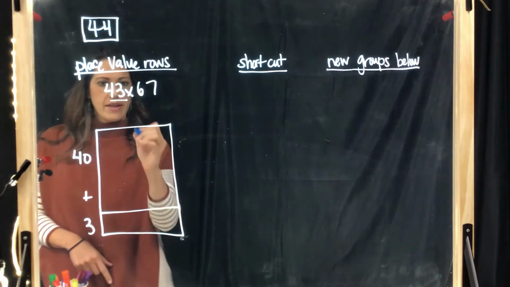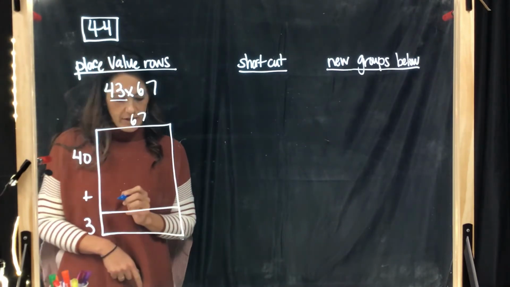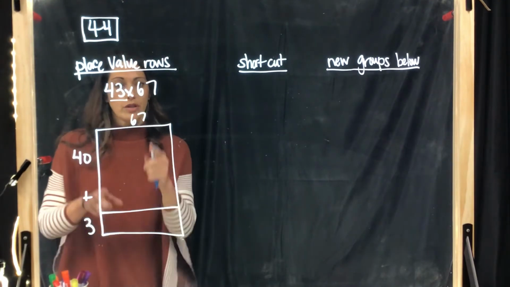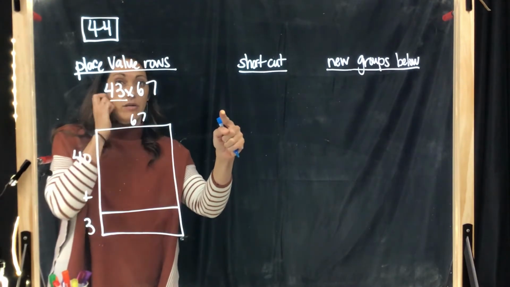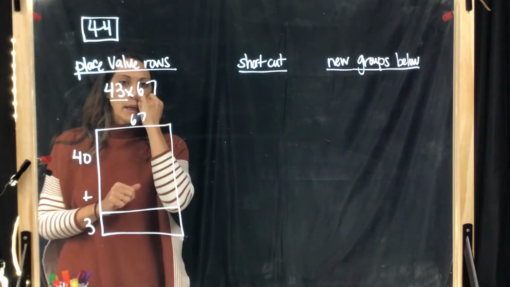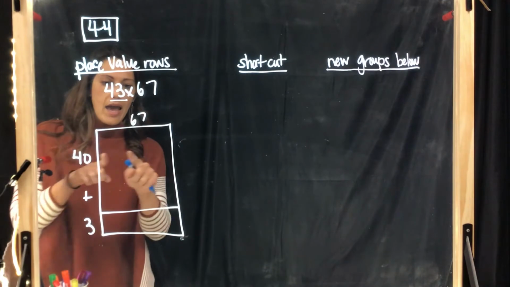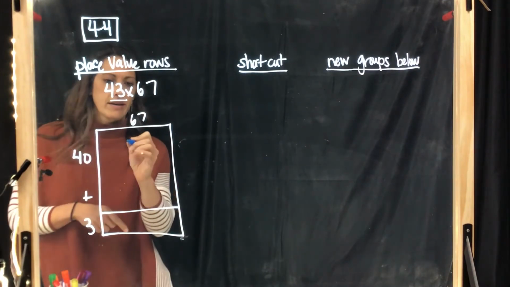And then in this box will be 67. I will multiply these sections and just use the rows. Before, I had the 60 and the 7 here, it was a larger box. Now I'm just going to take this second number and write it right here. In this box, I would multiply 40 times 67.